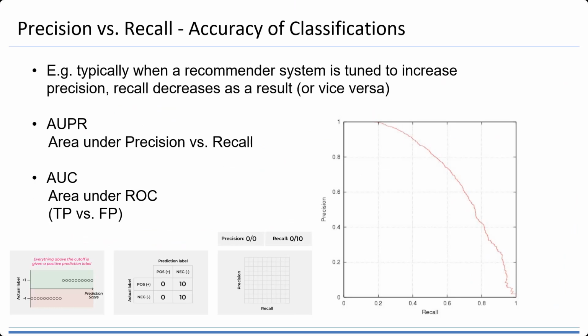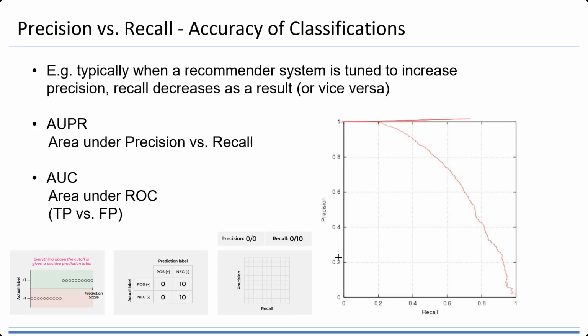This is a graph to show the comparison between precision and recall. Typically, when a recommender system is tuned to increase precision, recall decreases.